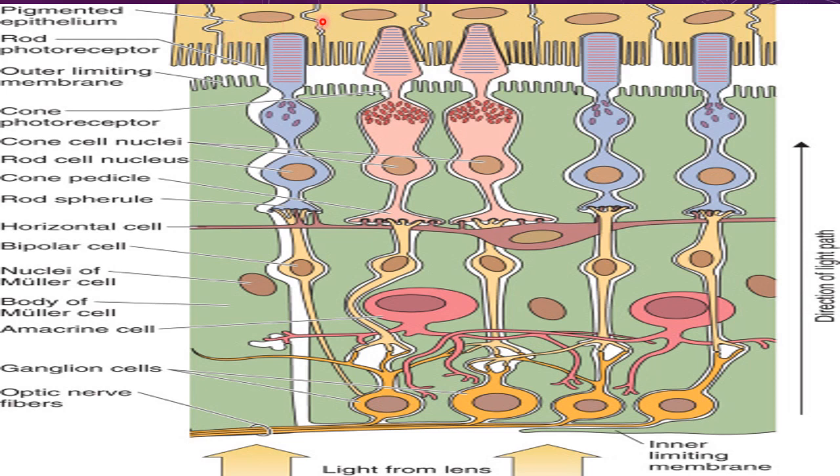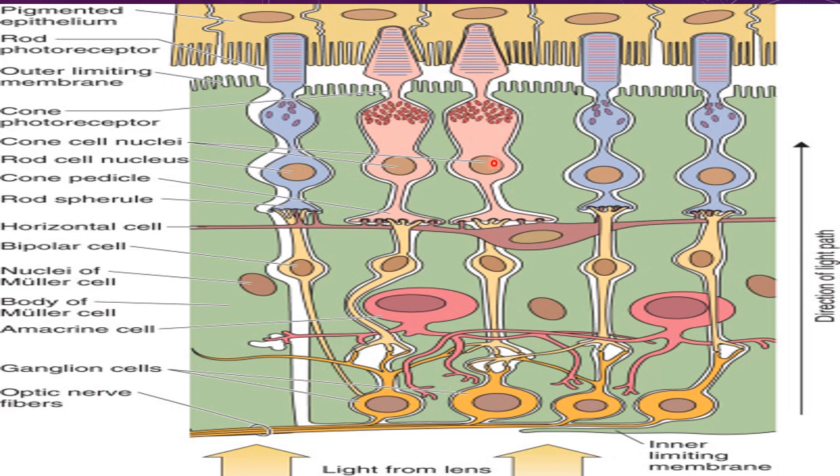So starting from here, first of all, this is the retinal pigment epithelium, showing these cytoplasmic processes, and you can appreciate they are surrounding the outer segments of rods and cones. So the first layer is this retinal pigment epithelium, and the second layer is the photoreceptor layer having the outer segments of rods and cones.